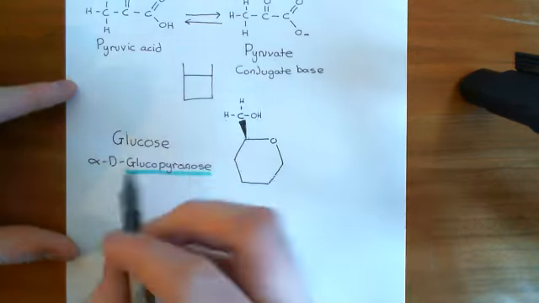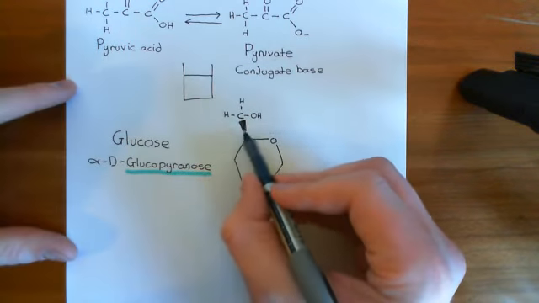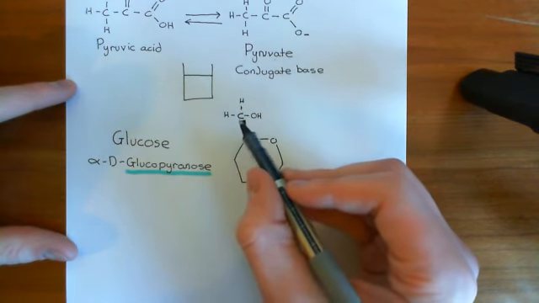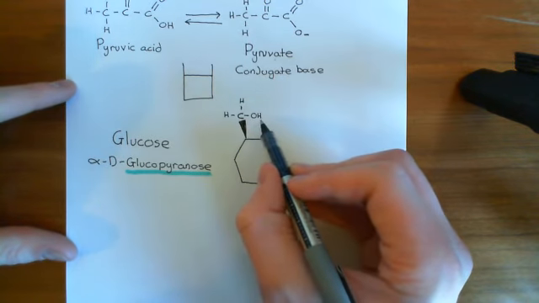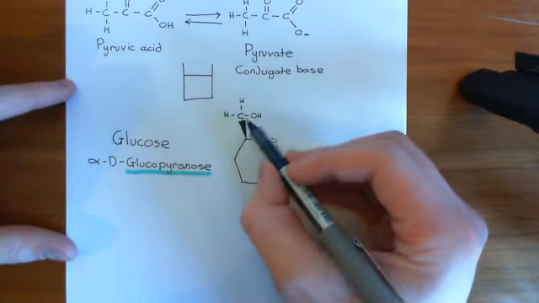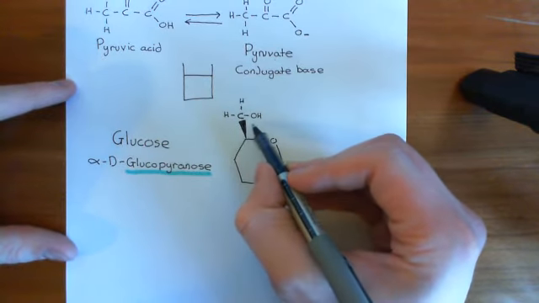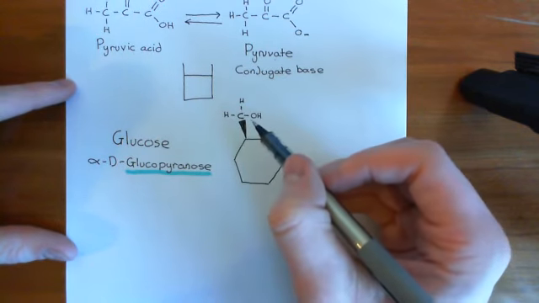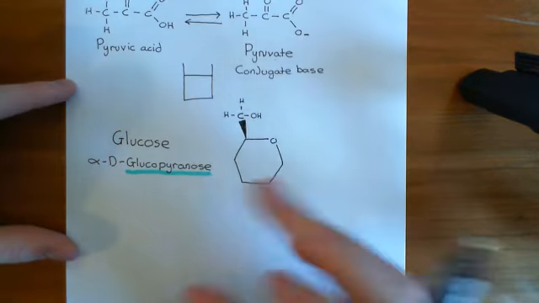So when you put the D there, that means that this 6th carbon comes out of the page towards us and the hydrogen goes into the page away from us. If instead you put an L there, it would mean that this 6th carbon went into the page away from us and the hydrogen came out of the page towards us.